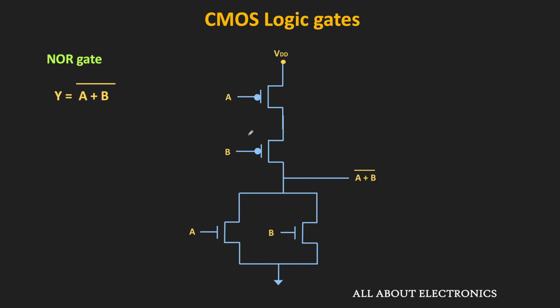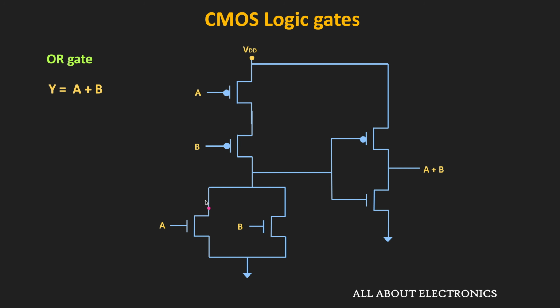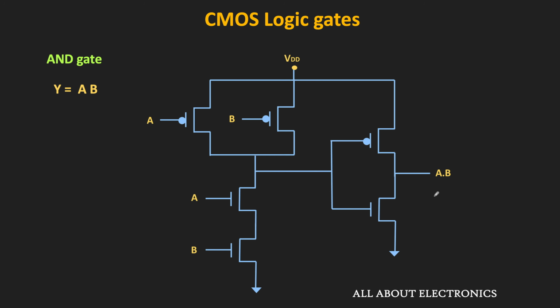Similarly, we can also implement the 2-input OR gate. We have already seen how to implement the NOR gate. So if we want to implement the OR gate, then we just need to connect an inverter at the output. And the output of this inverter will be the output of the OR gate. Similarly, to implement the 2-input AND gate, we just need to connect an inverter at the output of the NAND gate.